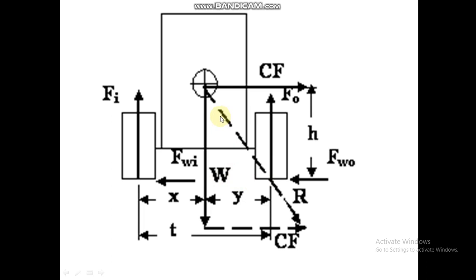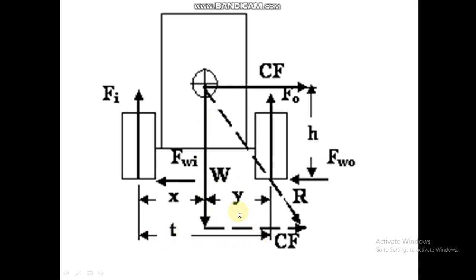So we have this angle theta. Tan theta is equal to opposite side, y, upon adjacent side, h. So tan theta will be y upon h, and y is half of t, the wheel track.